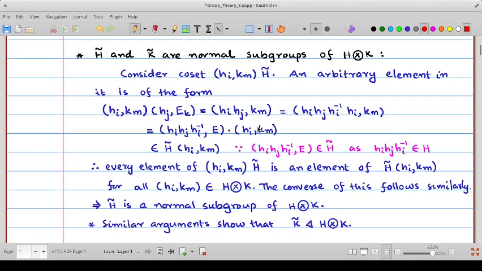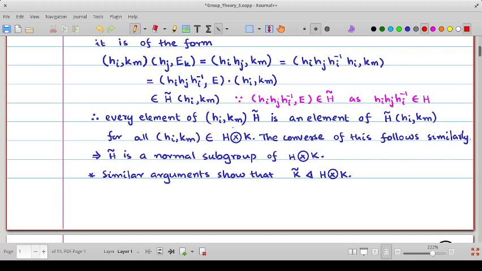And therefore, every element of the left coset of H tilde with Hi comma Km is an element of H tilde times Hi comma Km, the right coset of H tilde with the element Hi comma Km for all Hi comma Km in H outer product K.